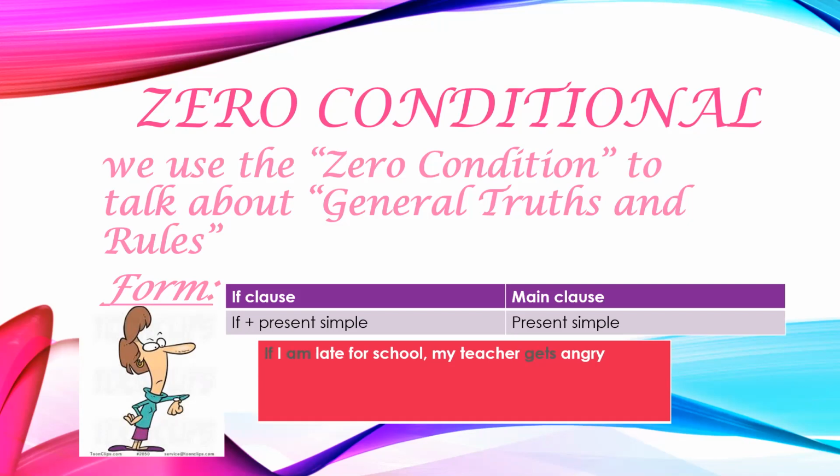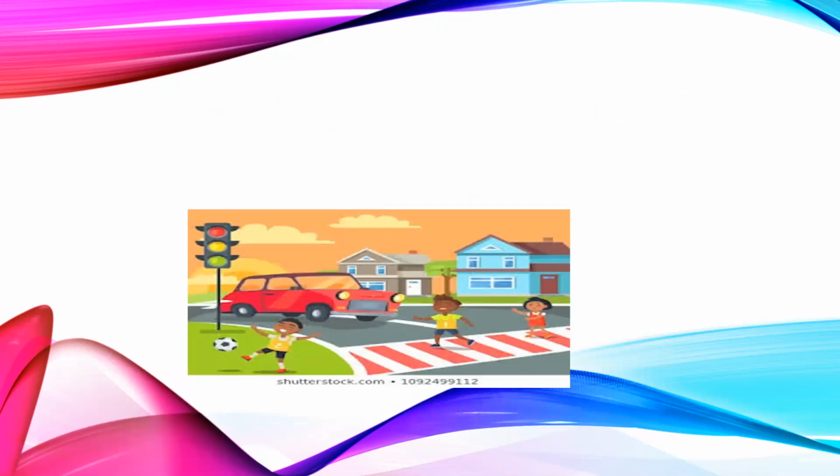So the example here is, if I'm late for school, my teacher gets angry. The if clause is if I'm late for school, and the present form of the verb to be is am. The main clause is my teacher gets angry, and of course the present simple of get is gets. Okay, another example, we're going to see more examples.